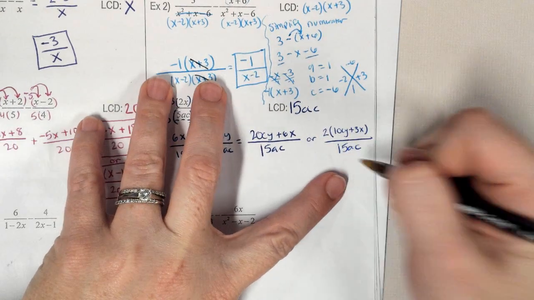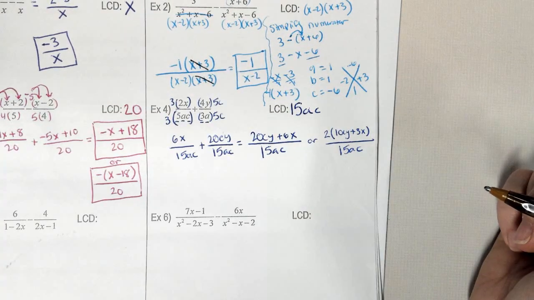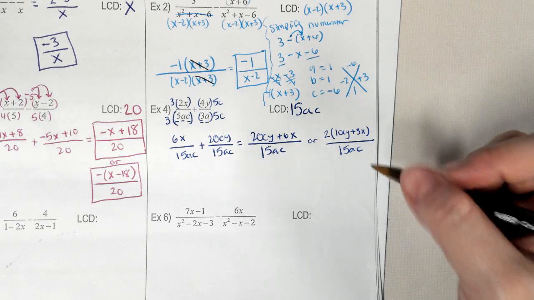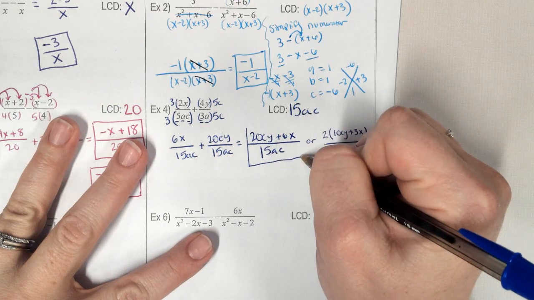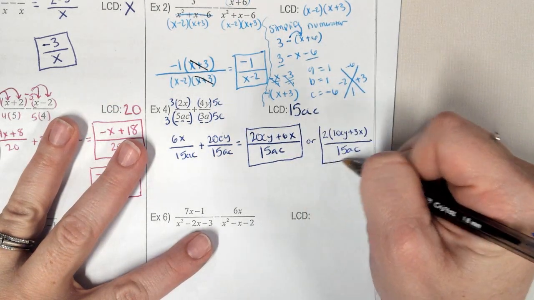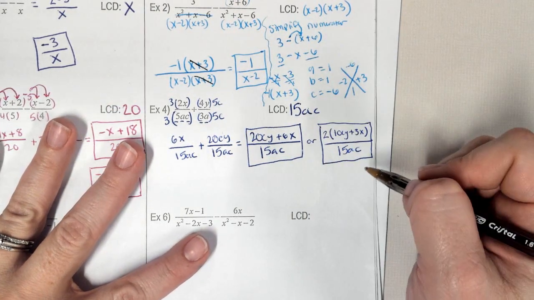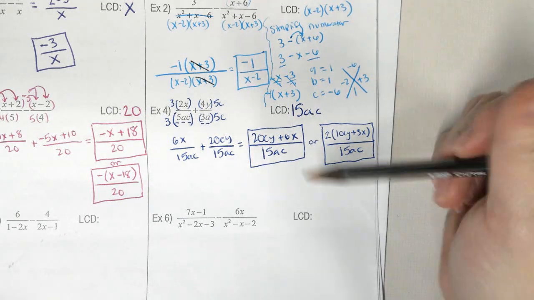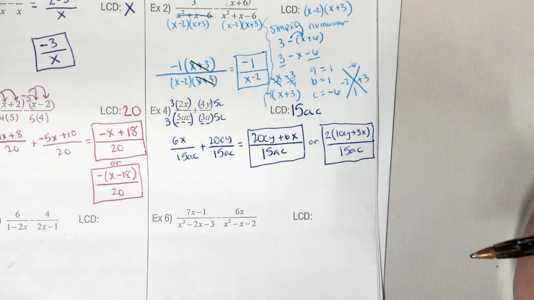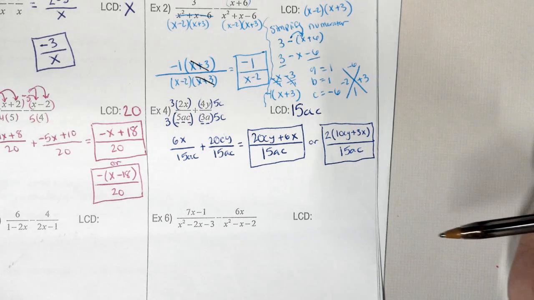Now, does 2 over 15 simplify? No. So did you have to take out the 2 on this one? No. So I would take either of these answers because it did not simplify. But if it did simplify and you didn't take it out, then you would get points off. So like if you could have taken out a 3, 3 over 15 can simplify. So you should always take out a 3 if possible.